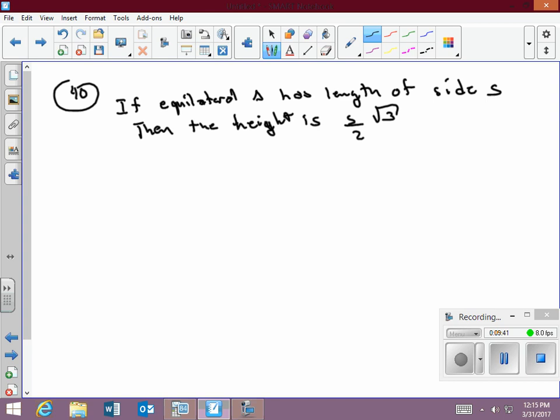Okay. 42 says the only polyhedron with 4 vertices is a triangular pyramid. So what would you say?